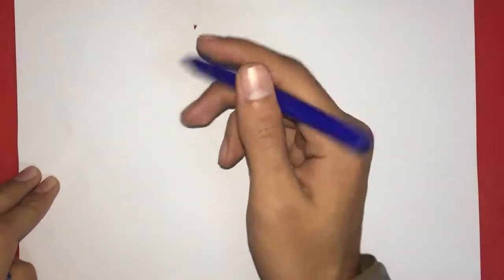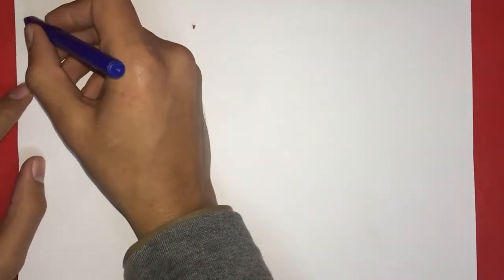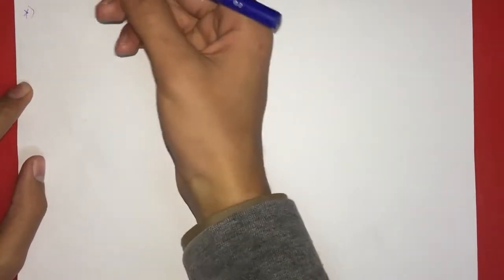So yesterday I didn't make a video because I was a little busy, but today I decided to make a video, and we are again going to talk about calculus.